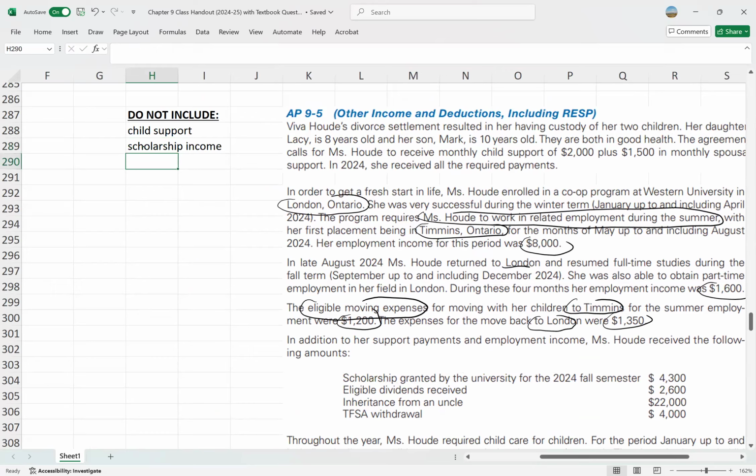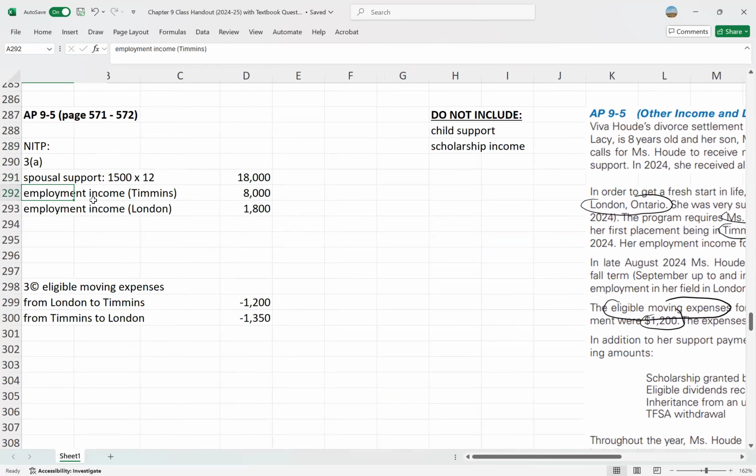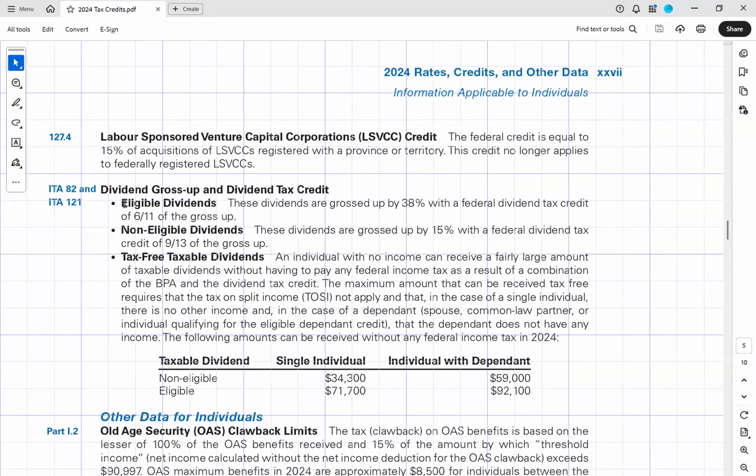What about eligible dividends? Eligible dividends will be subject to tax, and we include that in 3A, $2,600. Now remember, dividends have to be grossed up. And so now we've got to go to our rates table and see what is the gross up rate for eligible dividends. Let's go up here. Eligible dividends are grossed up by 38%.